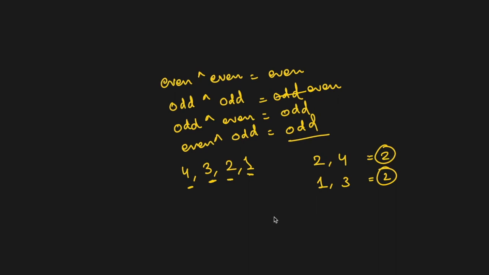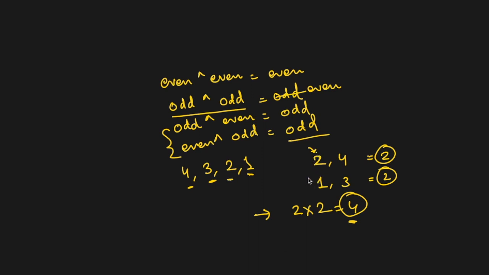So the number of pairs for which the XOR is an odd number would be 2 into 2, which is 4, right? Why 2 into 2? Because each even number will pair with all the odd numbers.